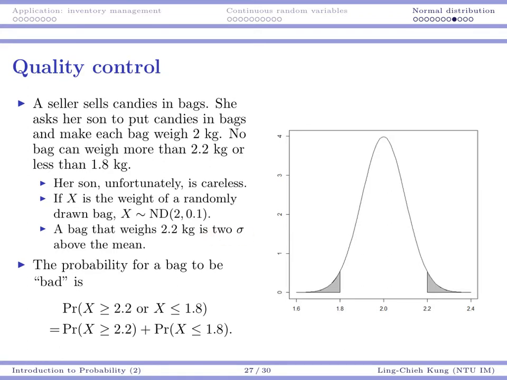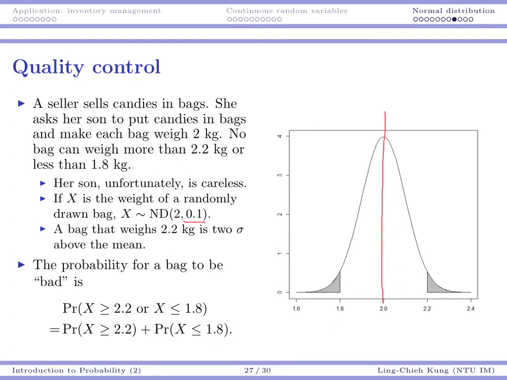So this is going to help us answer the question in the previous slide, whether 2 sigma is far or close. Let's continue. What I'm doing is that I have a normal distribution with mean 2 and standard deviation 0.1.